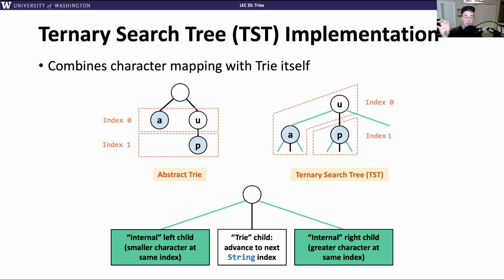But if we think back to our abstract trie, we had a node for each character from the original string. And this was helpful because we can have this nice consistent mapping where the nodes at level 1 corresponded to characters at index 0. But now in this new implementation, we're mixing things up.